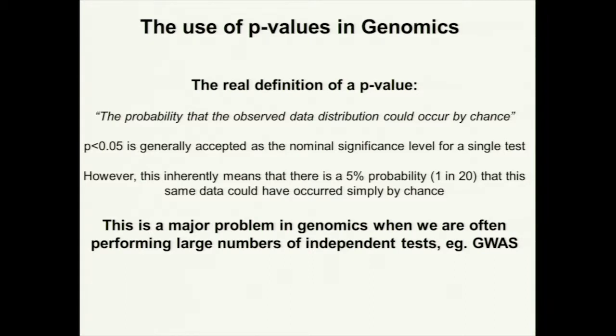The real definition of a p-value is the probability that the observed data distribution we see could occur by chance. Nominal significance is usually considered to be about 0.05. So if we were doing a single test, the converse is that there's a 95% probability that the data I saw is real.